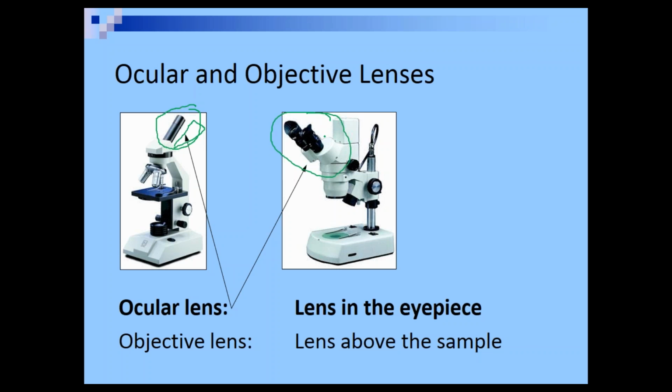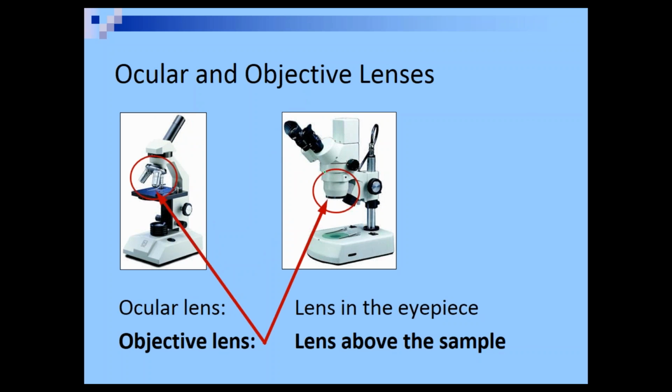So I don't want you to look at the number of eyepieces and say, oh, that's compound, or oh, that's stereo binocular. Don't look at the eyepieces. It'll just confuse you. But both of these microscopes do have a magnification lens in the eyepiece, and usually the magnification in the eyepiece is something like 10 times.